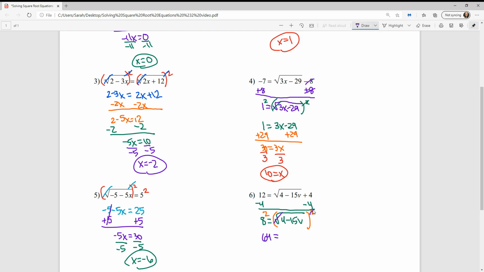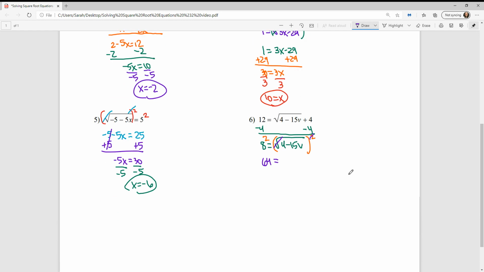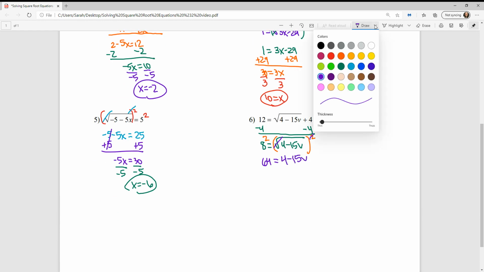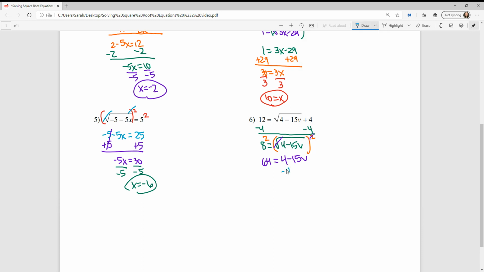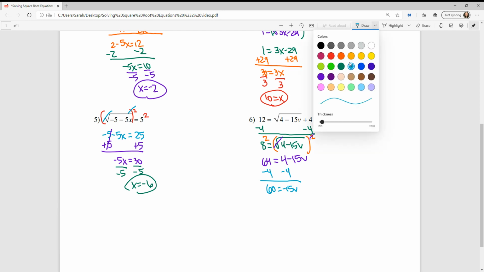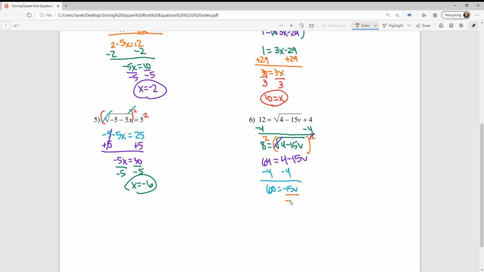Root and squared cancel each other out. I'll scroll here to give myself a little bit more room. And now solve for b. Subtract 4. And then finish off by dividing by negative 15. When you do your division, you should end up with negative 4 for b.